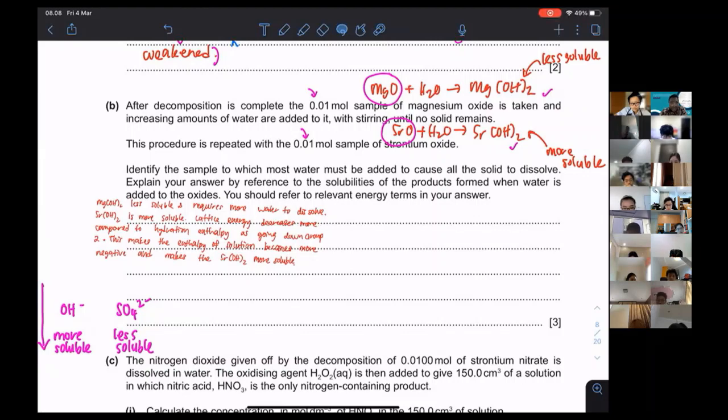There is a formula that relates lattice energy, solution, and hydration, which is going to be: let your soul go and hide. So lattice plus solution equals hydration.